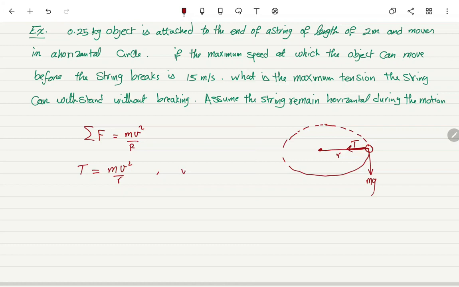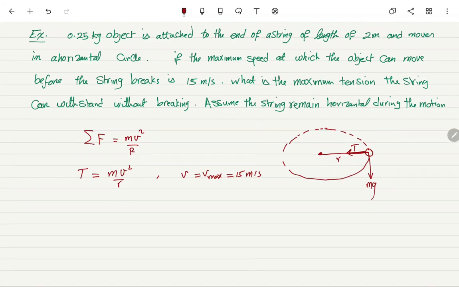Now v equal to v max, in this case 15 meters per second. You substitute this back in here, the mass of this object is 0.25 kilogram, and r is the length of the rope, which equal to 2. You substitute these numbers in this equation, you will get tension maximum equal to 28.1 Newton.